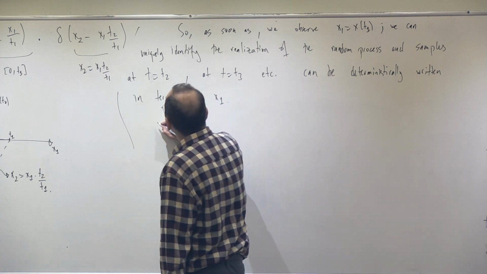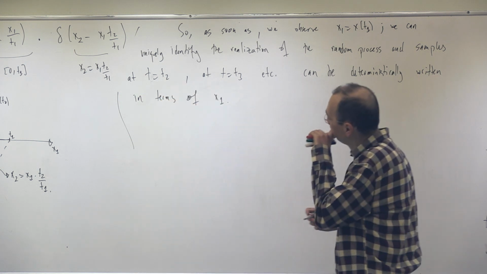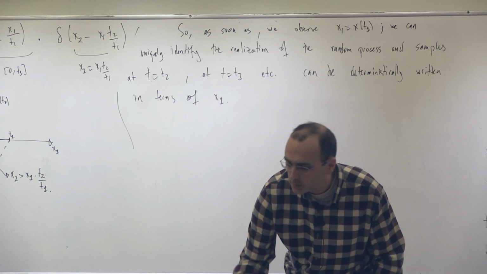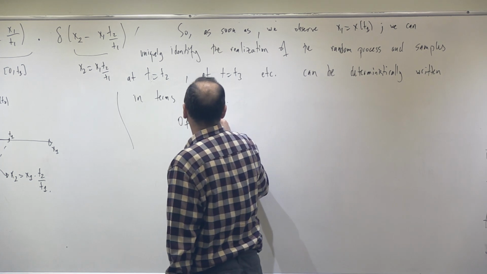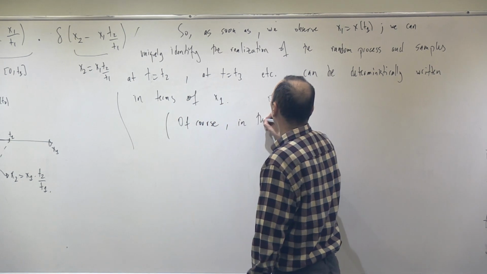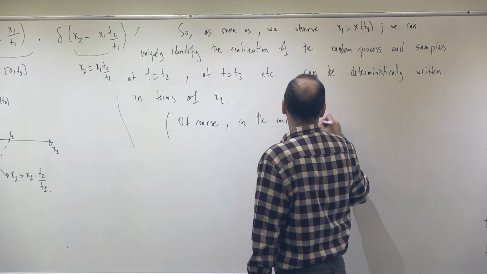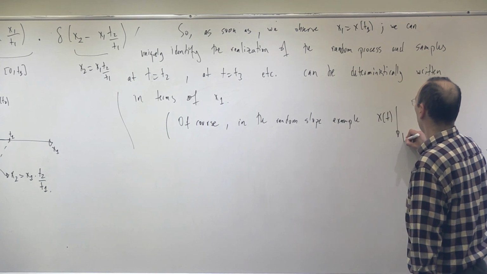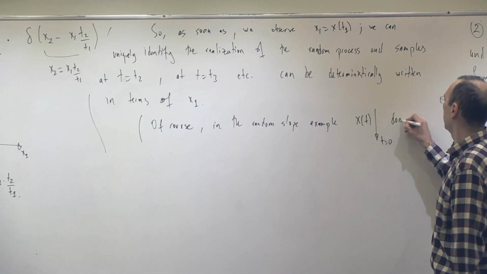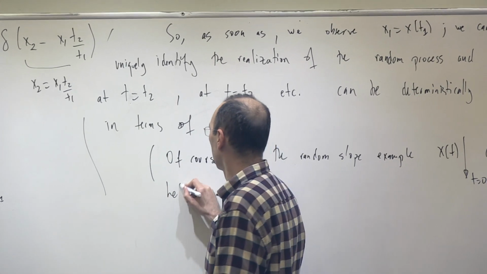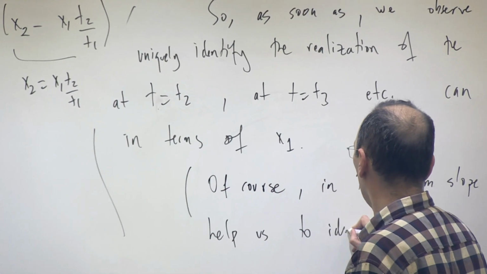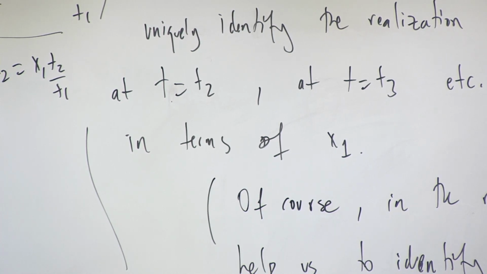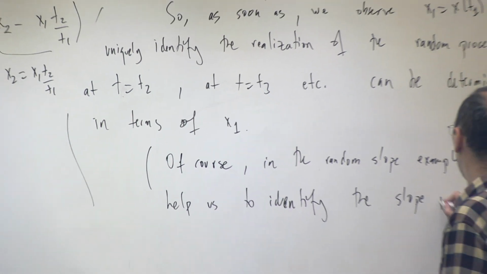What else? Let me also write that. Of course, in the random slope example, x of t at t is equal to 0 does not help us to identify the slope parameter.